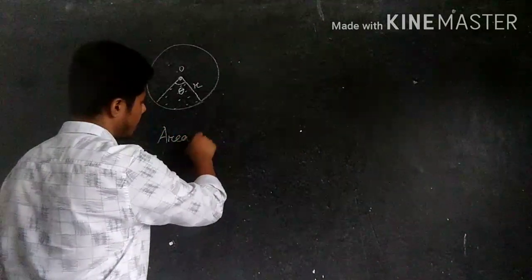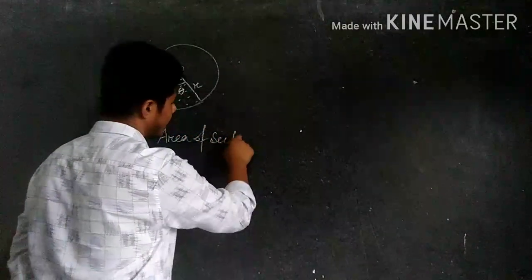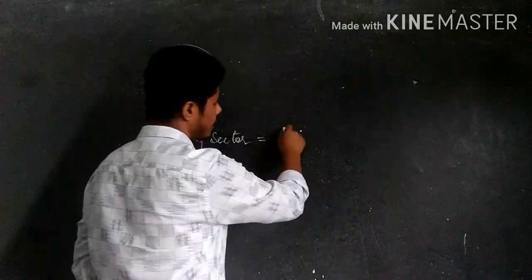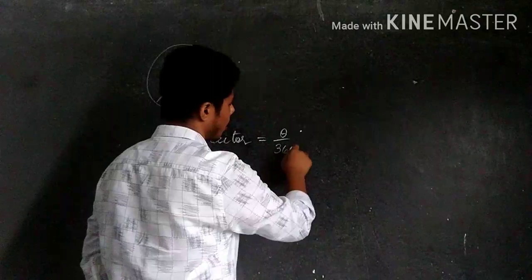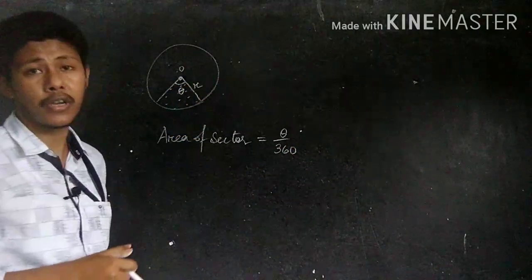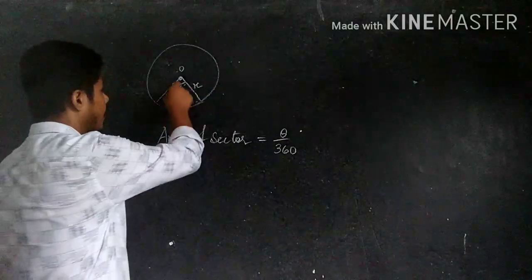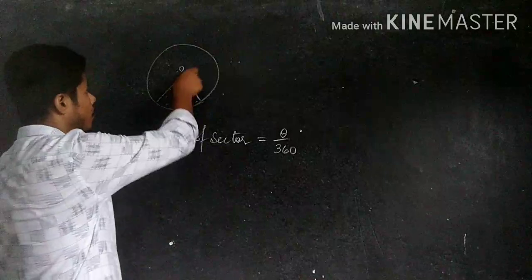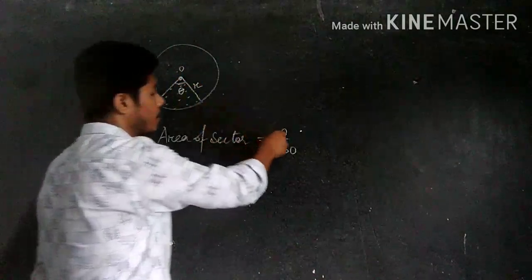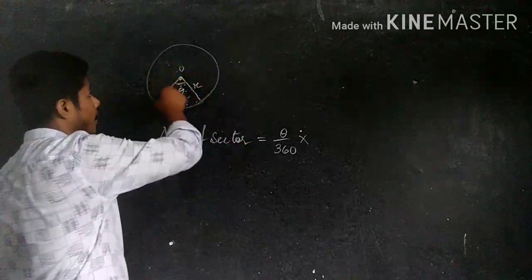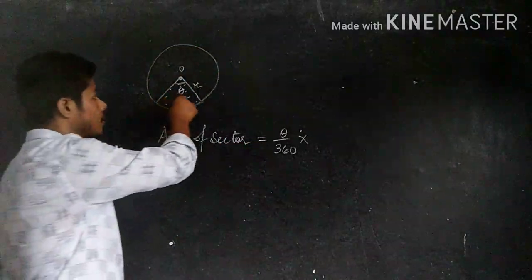So now, area of sector, how can we find it? There is a definite formula for this. Area of sector equals theta by 360. Why do we write theta by 360? Because one complete revolution equals 360 degrees, and here the angle is this one. Out of the complete revolution we need only this angle part, so we write theta by 360 into the area of the circle.